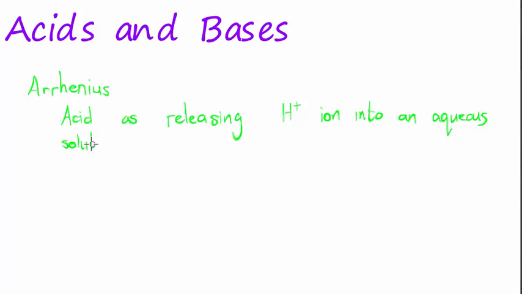Okay, so what happens when we dissolve? Remember when we did compounds that had ionic bonds? An ionic bond is a bond where one of the elements, for example hydrogen, donates an electron, and because he donates it and becomes positive, he becomes a cation.